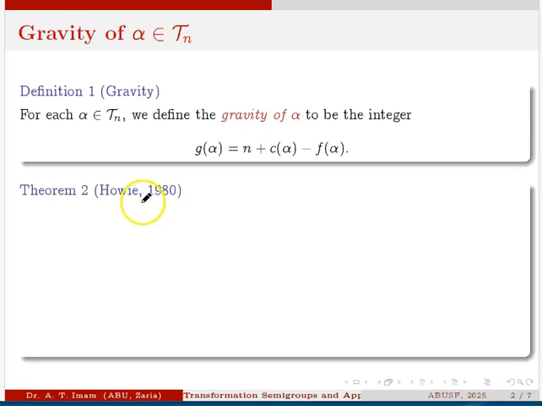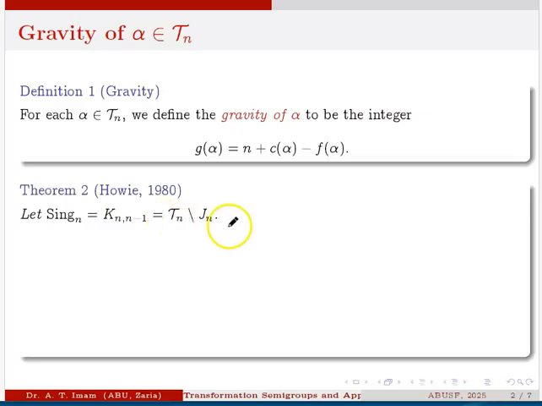We have a theorem concerning the gravity of alpha. In 1980, Harvey proved the following result. If Sing n denotes the semigroup K(n, n-1), which is the entirety of Tn but minus Jn, where Jn is the set of all elements of height n, that is the permutations.